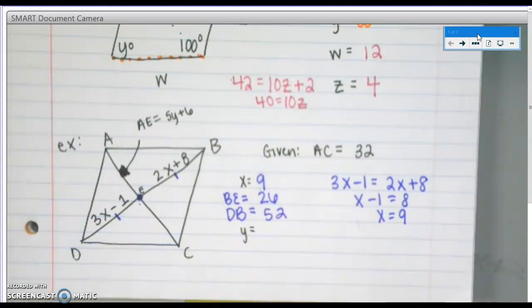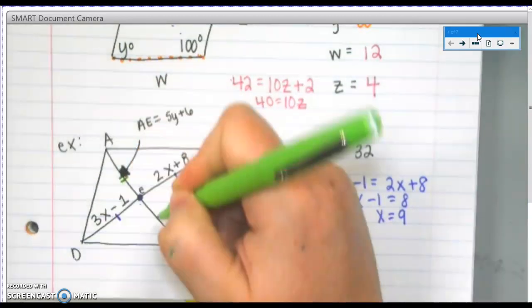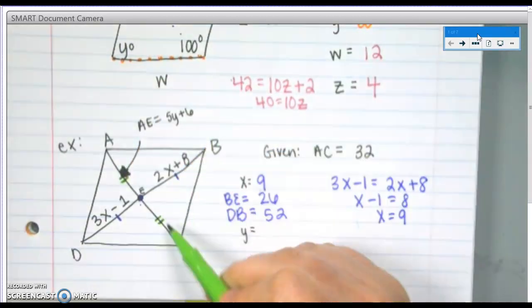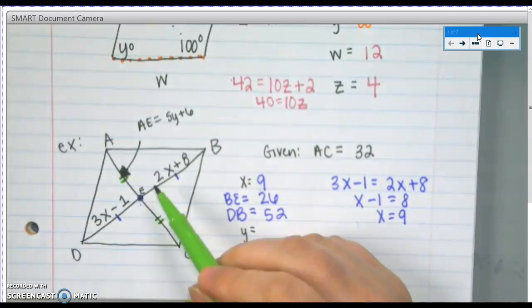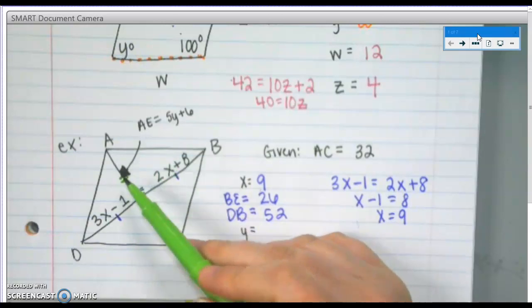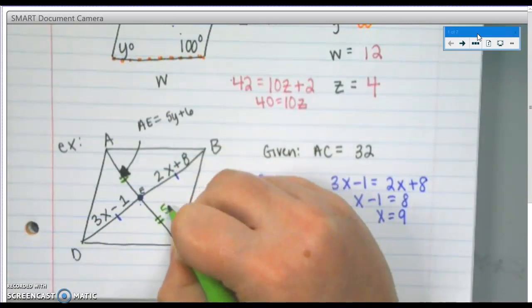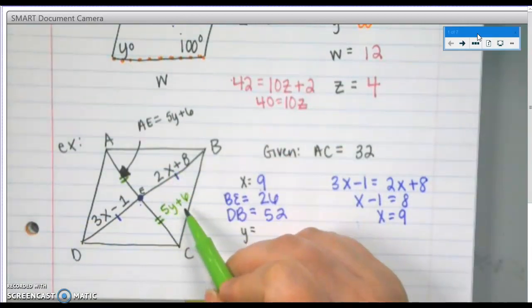All right, to find y, again, I have the other diagonal. So I know that these two pieces are equal to each other. The problem is I don't have any other information for what EC is. I know from A to E is 5y plus 6. Technically, this is also 5y plus 6. But I can't solve an equation that says 5y plus 6 equals 5y plus 6.